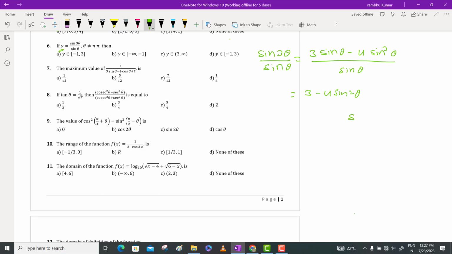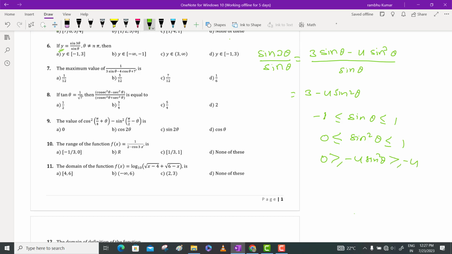Now from here this is simple, correct? Because sin theta lies in between 1 and minus 1, sin square theta lies in between 0 and 1. If this is lying here, then we can have 0 less than equal to 4 sin square theta less than equal to 4. Correct.